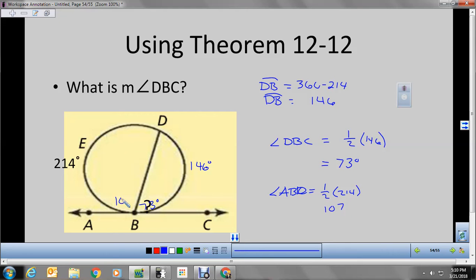So if this is 107, and you recognize that ABC is a straight line, then these two would be a linear pair. So you could do 180 minus 107. That would give us 73 as well. So two ways to work that. Both ways are acceptable. You just have to pick one way and solve it.